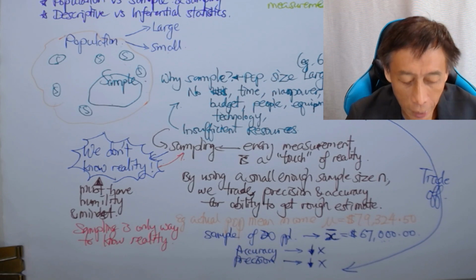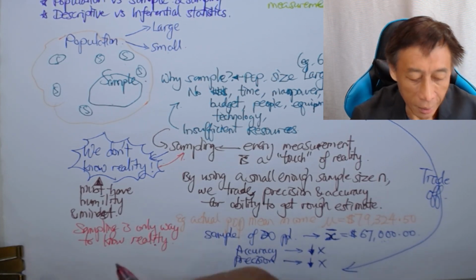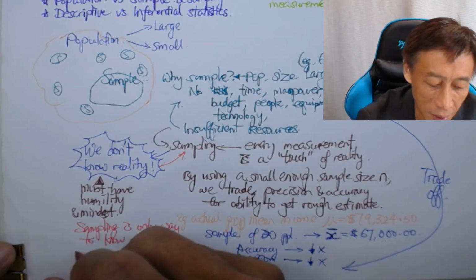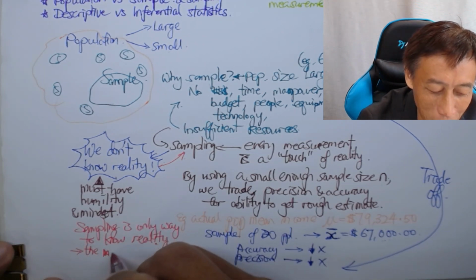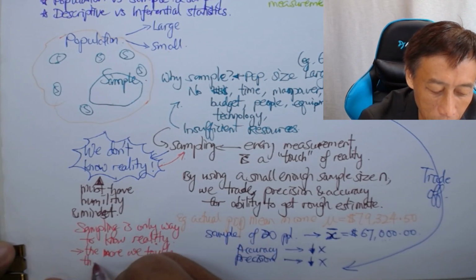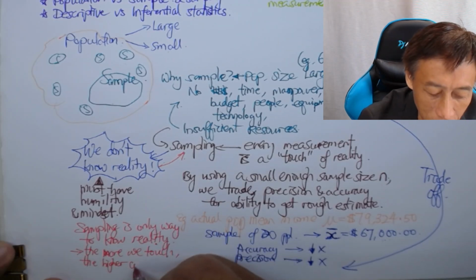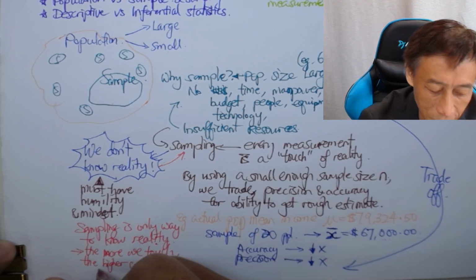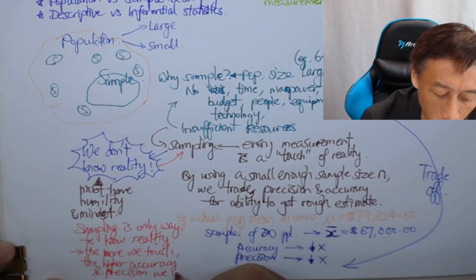So, all right. Sampling is the only way to know reality. And a related idea to that is the more we touch, the higher the accuracy about the reality we will get, and precision we will get.